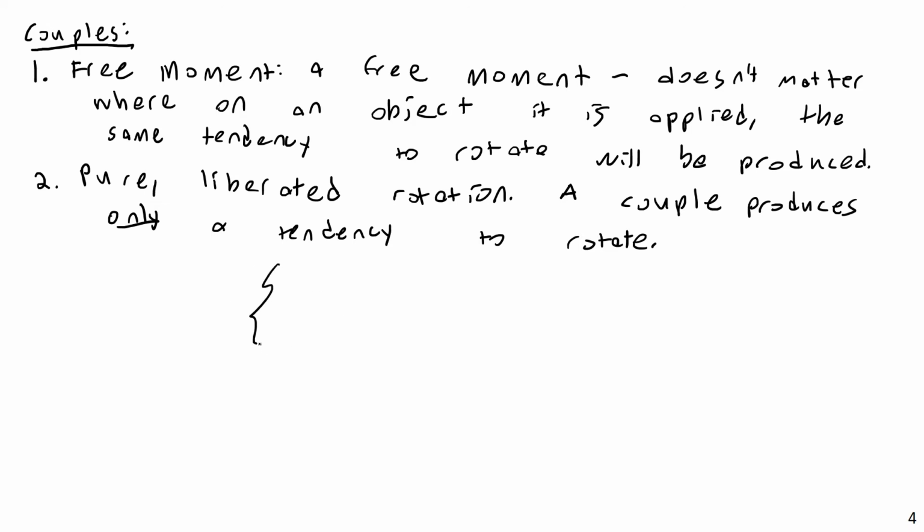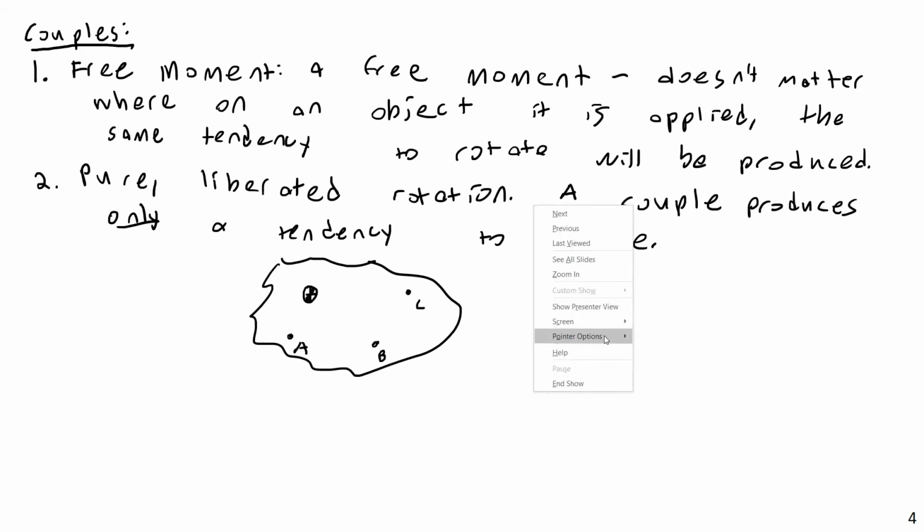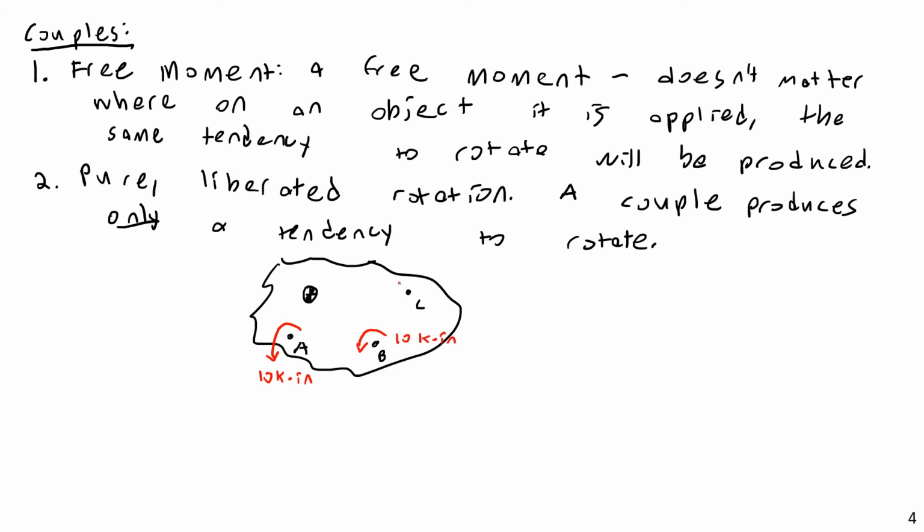So let's draw out a generic potato body here, maybe with a center of mass somewhere here. And let me define points A, B, and C. Let me apply a couple of 10 kip inches, 10 kip inches, and 10 kip inches.